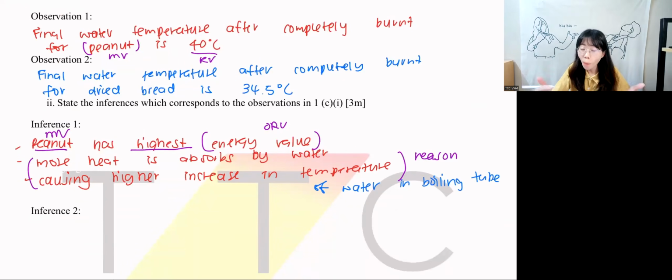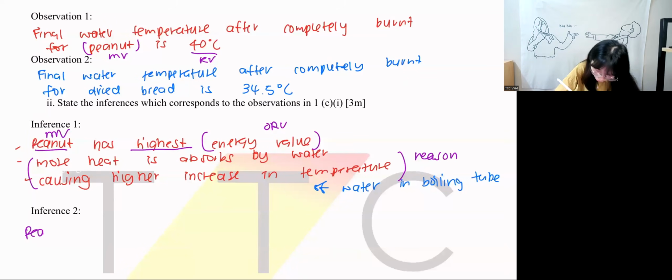Inference 2, opposite answer. We're going to write dry bread, right? Dry bread has the lowest energy value, less heat is absorbed by the water, causing a lower increase in temperature of water in boiling tube. Correct. Just change the answer in the opposite way.